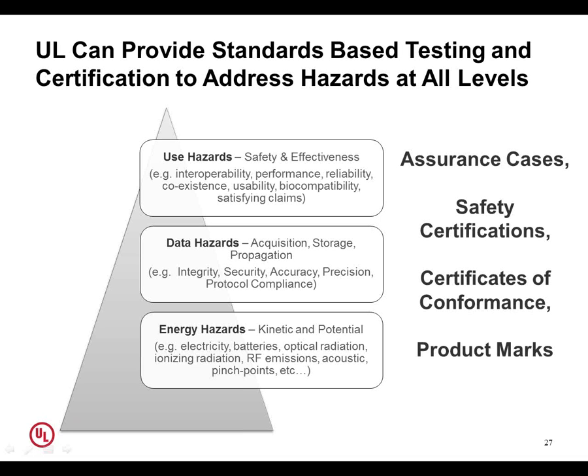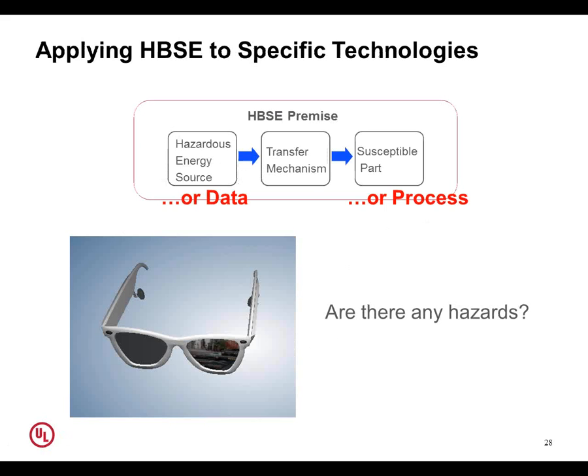We can help to develop assurance cases, we can provide safety certification, certificates of conformance for different markets, and product marks that help to convey the critical information about these different hazards so that system integrators can effectively use that information.